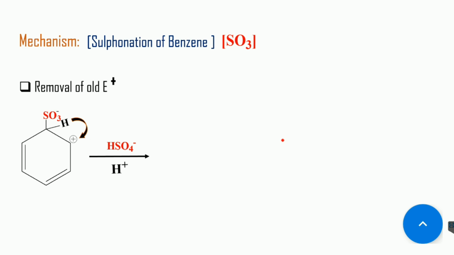By combination of these two different species, we get 1 mole of H2SO4, that is our sulfuric acid, in return finally. And we also restore our benzene aromaticity. We have lost one of our pi bonds, but at the end it will be restored again. So we get the aromaticity of the benzene ring.